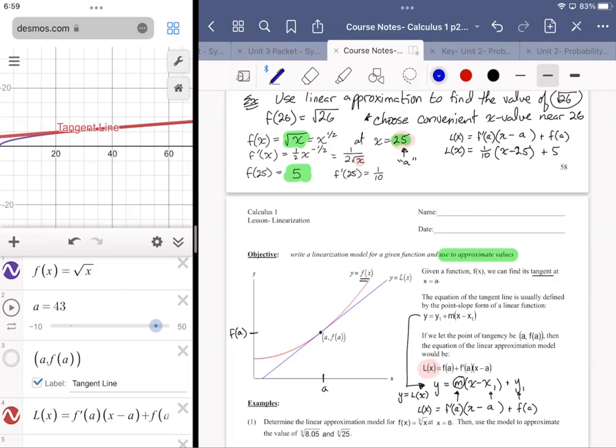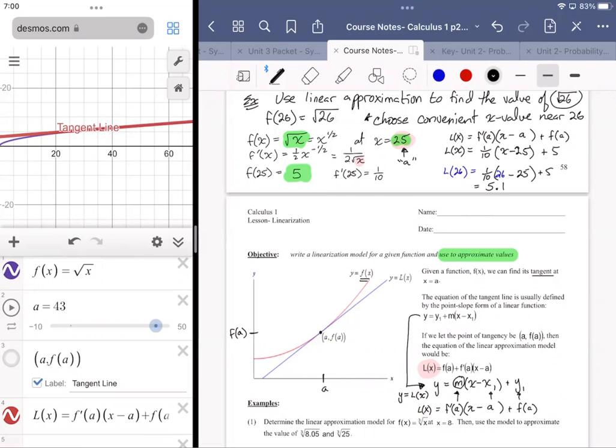So then I could find L of 26, which would be 1/10 times 26 minus 25, plus 5. 26 minus 25 is 1. 1 times 1/10 is 1/10, plus 5 is 5 and 1/10.